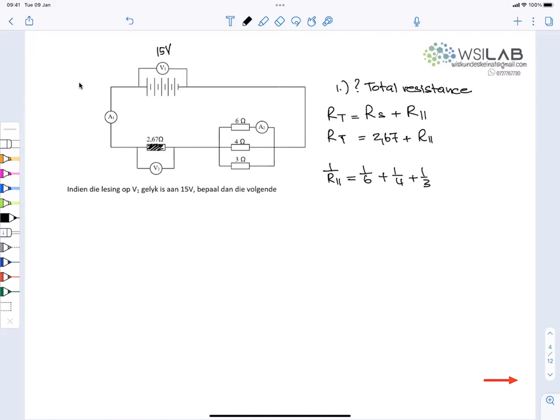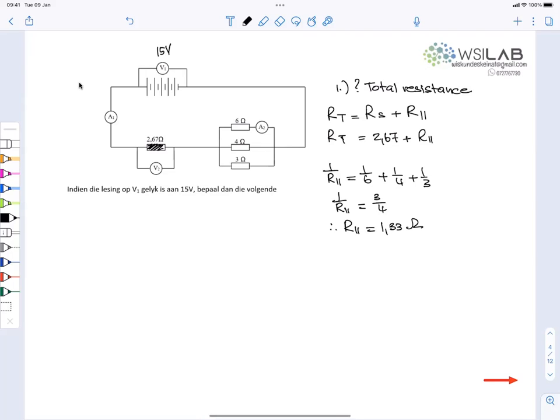All right, quickly, everyone calculate that. So I get 3/4. And if I flip it around, I get 4 over 3, which is what? 1,33.